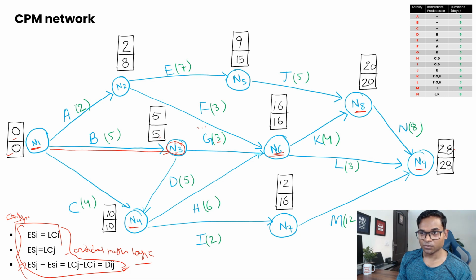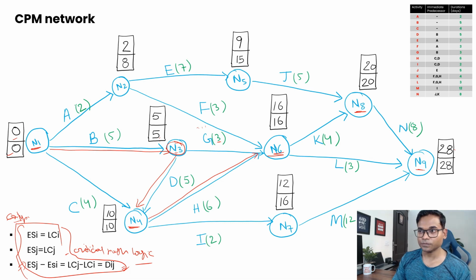So that's why you need to move here, from n1 to n2 to n4, okay? Then from n4 again there's only n6, right? This is not a critical network, so of course you will move here.